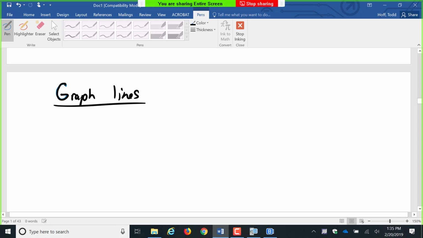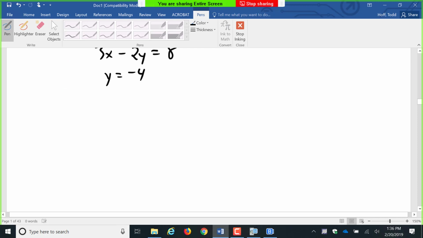Graphing lines. Y equals 7x minus 2, 3x minus 2y equals 8, y equals negative 4. Any equations of those forms, being able to graph their line. Any questions so far on any of these?